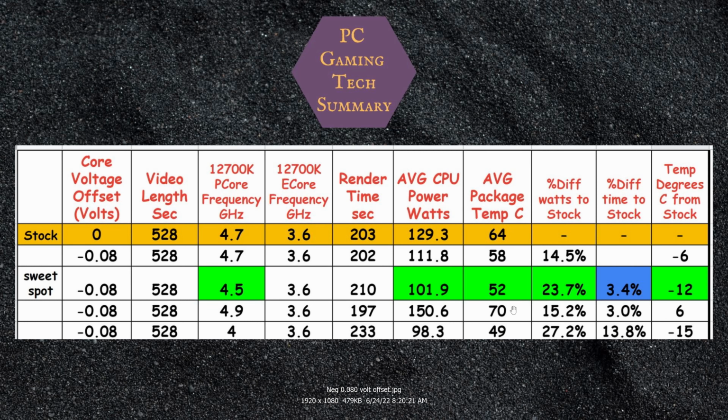And the CPU package temperature is the combination of both the P and E cores, that whole environment, and it's 70 degrees C. And that is 15.2% increase in power, and you only gain 3% in time. And you increase the temperature 6 degrees from stock. So the stock is 64 and it went up to 70 on average.